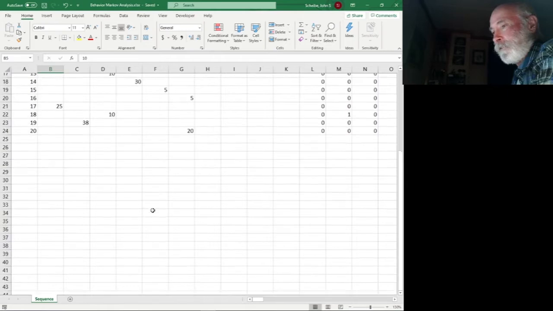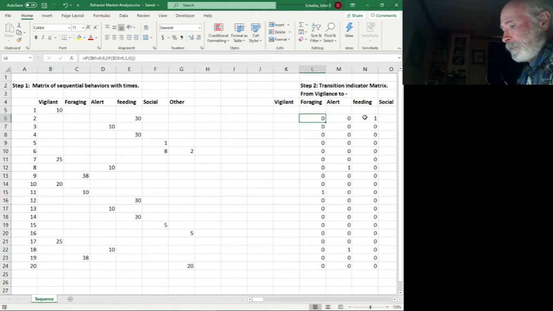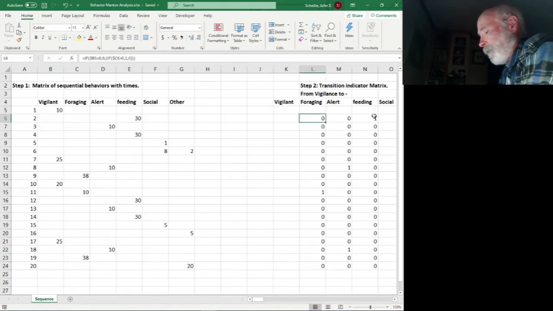Don't go past 400. None of this will work past 400. Actually, none of it will work after 395. We can change that. It's not a problem. It's just how I've set these equations up. Once you have that behavior matrix in, all of these other things will fill in automatically.